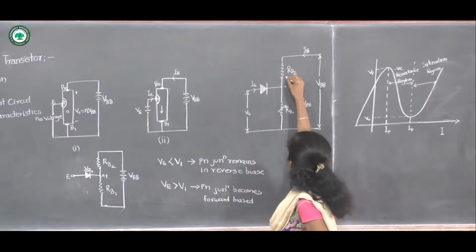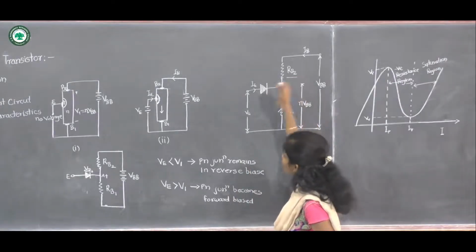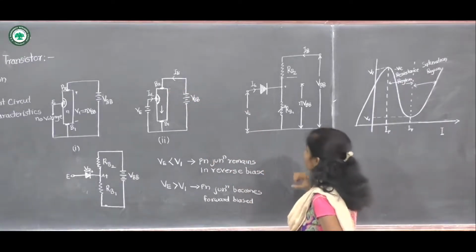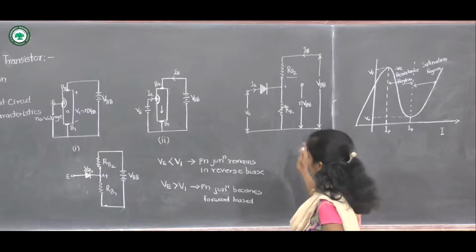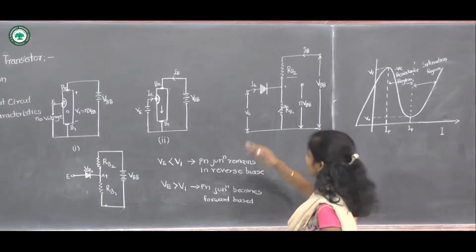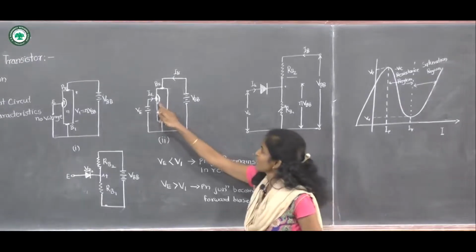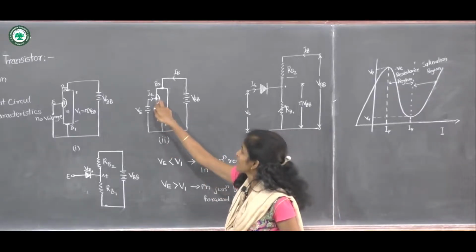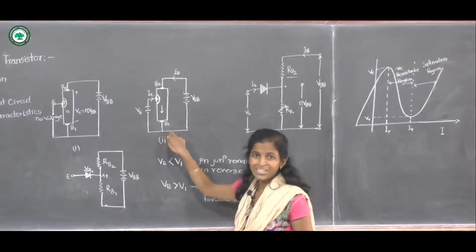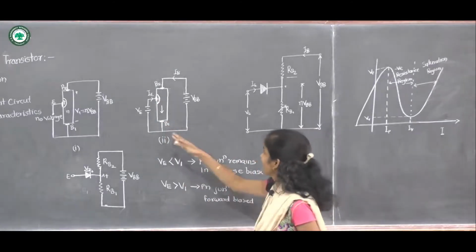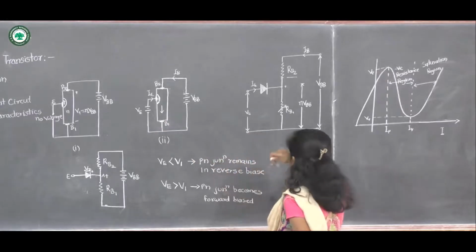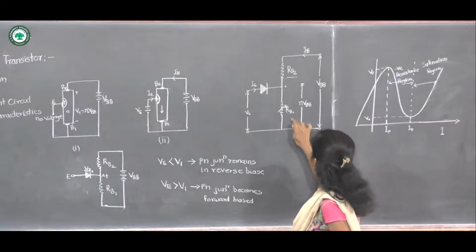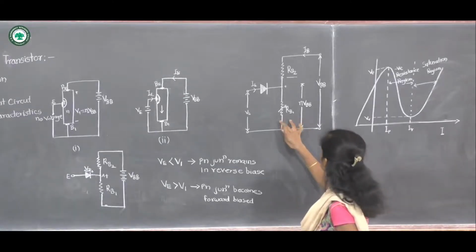So this RB2, the resistance provided by this region, will remain constant. As voltage increases, the number of holes injecting from this P region towards the B1 terminal will increase, that is there will be an increase in current, and due to the increase in current there will be a decrease in resistance, that is a decrease in RB1. So this is the variable resistor.